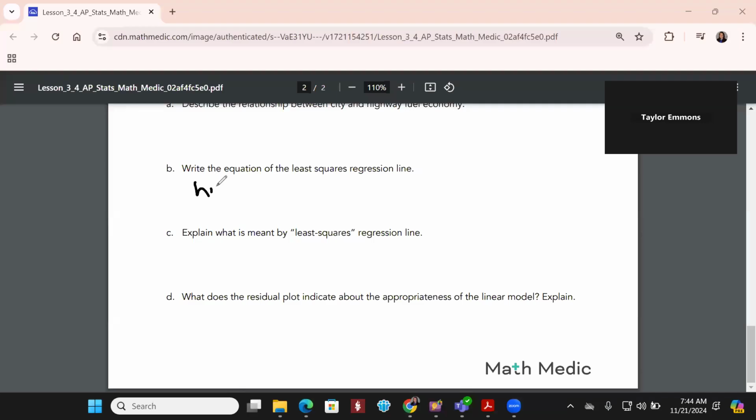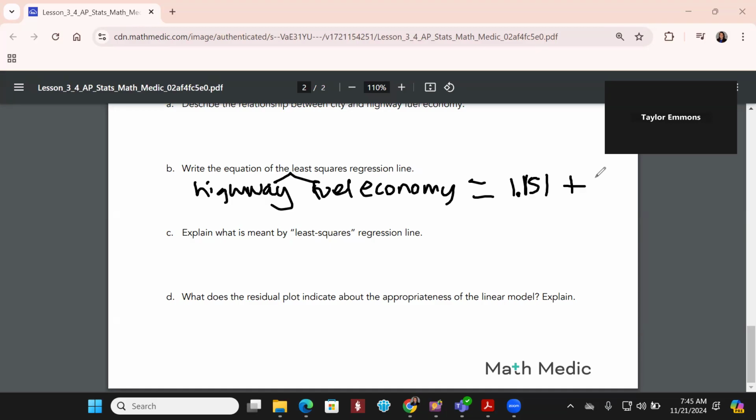So we got highway fuel economy, with a little hat on top of it, equals, and then what is your y-intercept? Well, that's going to be 1.151 plus 1.469 times the city fuel.